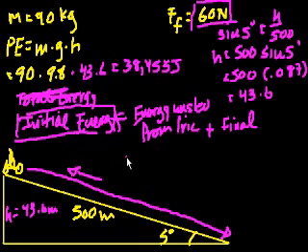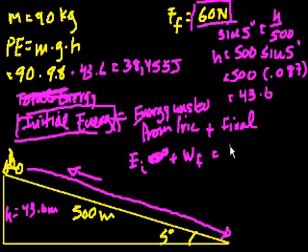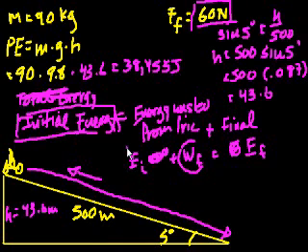Another way of thinking of this problem is that the initial energy plus the negative work of friction is equal to the final energy. I took the friction to the other side because this is going to be a negative quantity in the system. And so you should always make sure, as a reality check, that if you have friction in the system, your final energy is less than your initial energy.